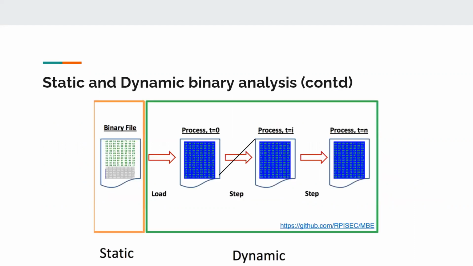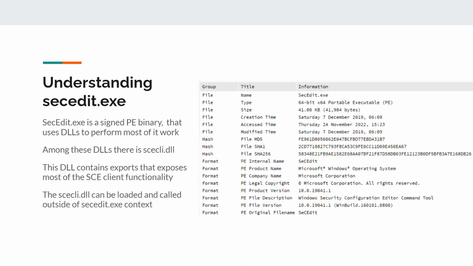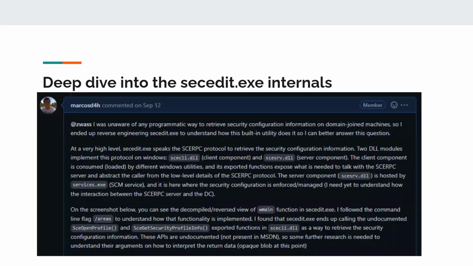So this is a graphical view of what I just said. When it comes to reverse engineering Secate, we first tried to understand what type of executable we had, and then what modules, also called DLLs, this executable was calling. Then through static analysis, we found a couple of interesting things that we then corroborated through dynamic analysis.